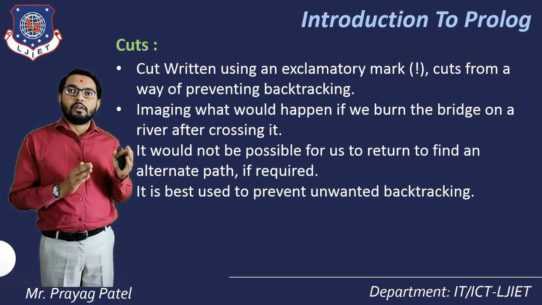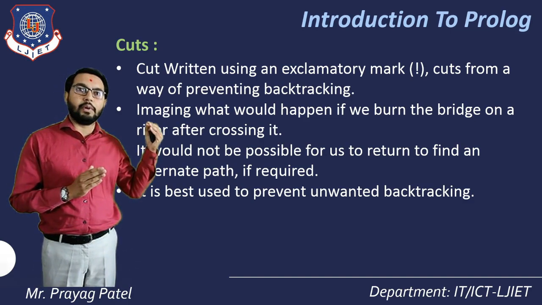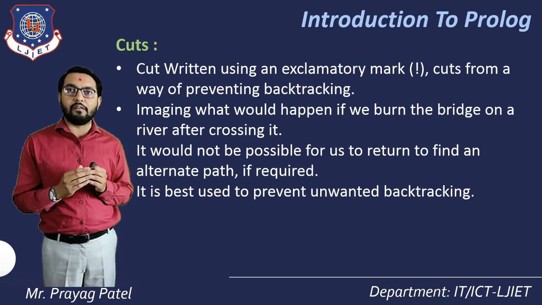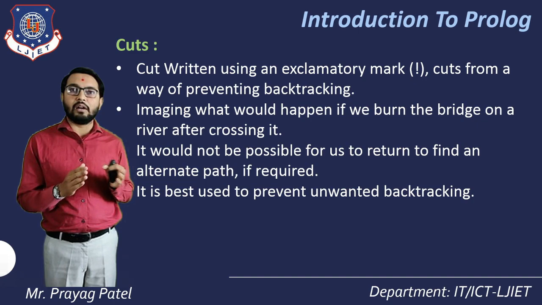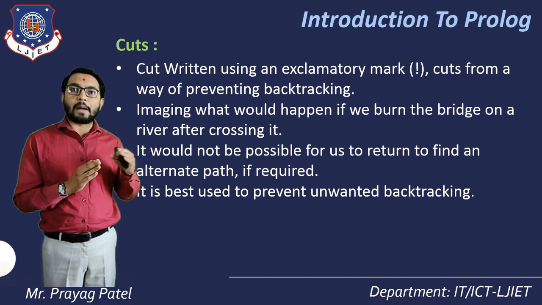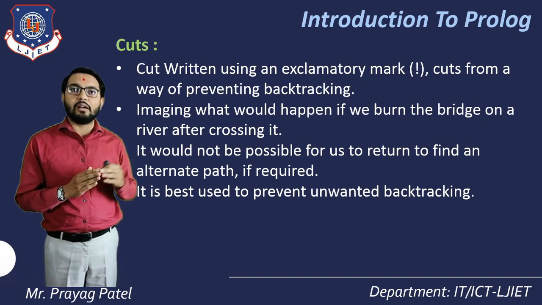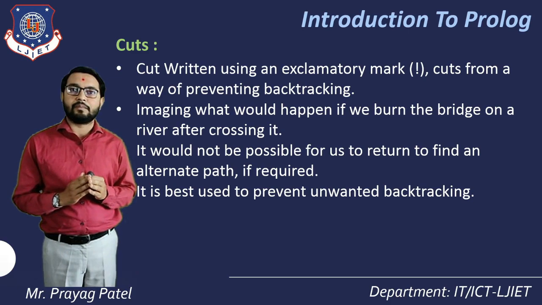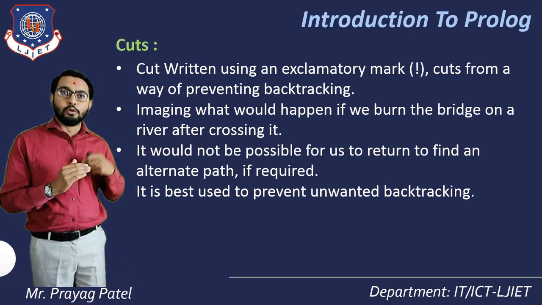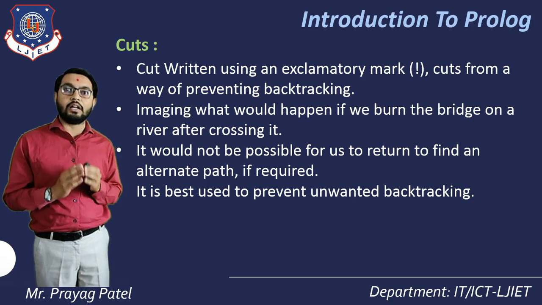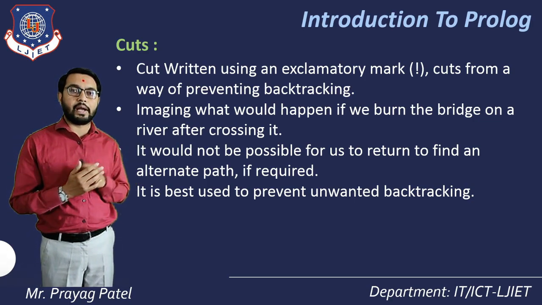Imagine what would happen if we burn the bridge on a river after crossing it. Means in one river, one bridge is there. So after crossing the river, burn the bridge. Then what happens? It would not be possible for us to return to find an alternate path if required.